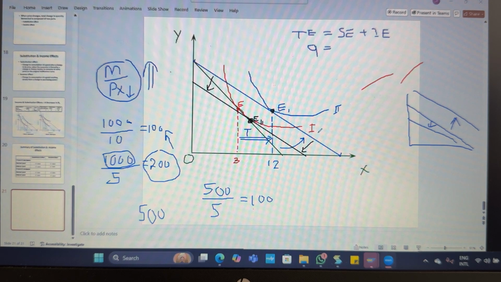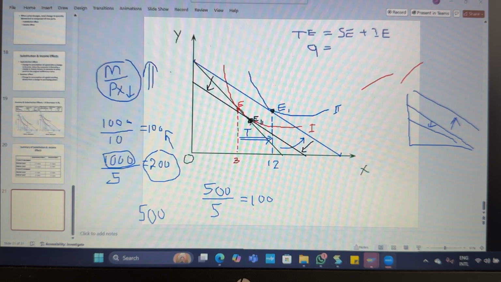That's why I'm saying I'm not harming you. At least I am allowing you to enjoy your previous level. I leave some money to enjoy your previous satisfaction. That's why I took only 500. So after taking the money, you fall back onto E2.